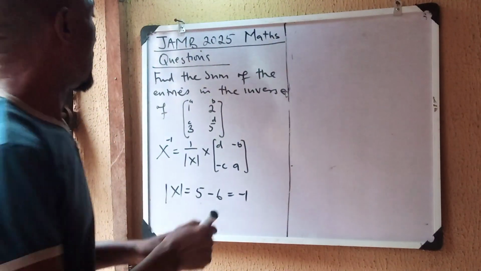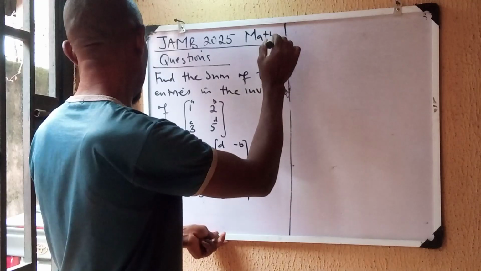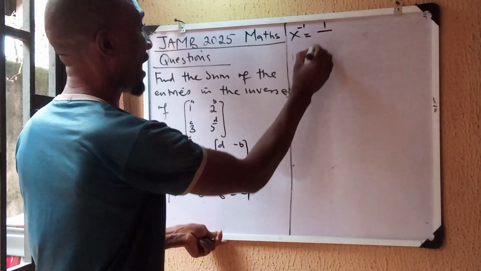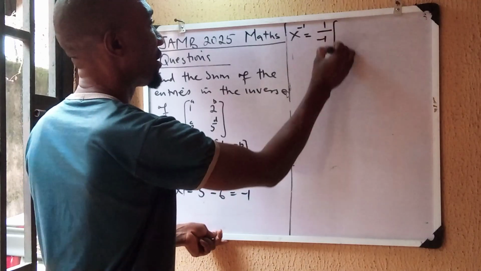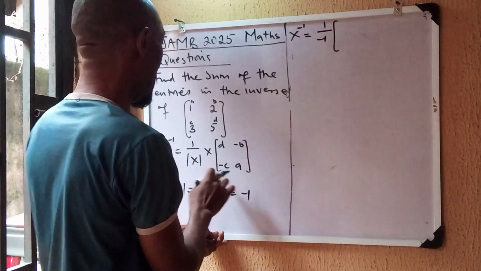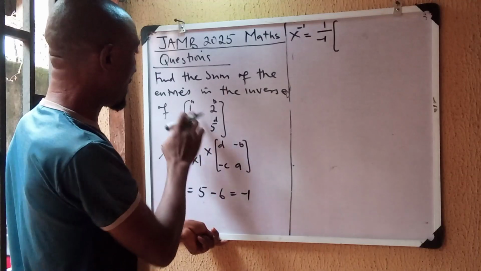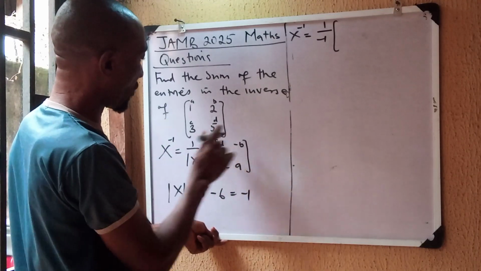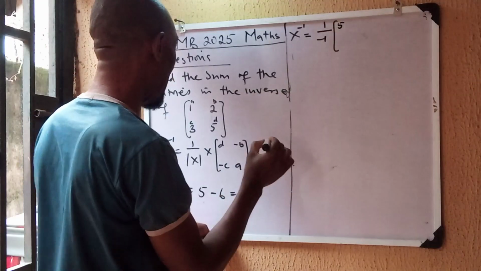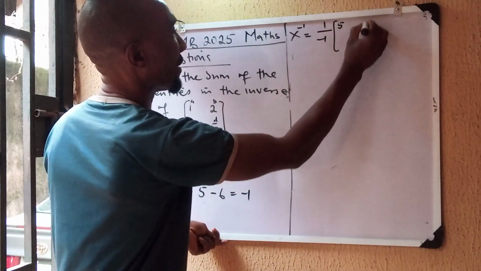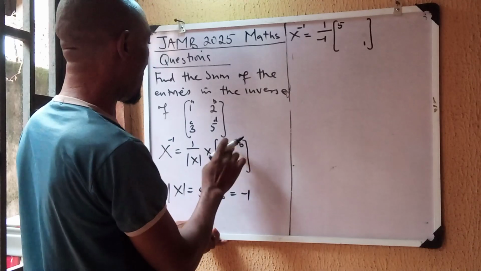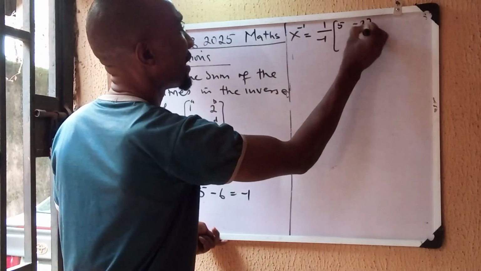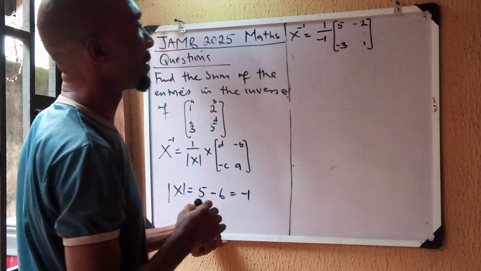Our x inverse is 1 over the determinant, which is minus 1, multiplying the matrix. Now 1 and 5 interchange their positions, so here we have 5 and here 1. Then we have negative 2 and negative 3.